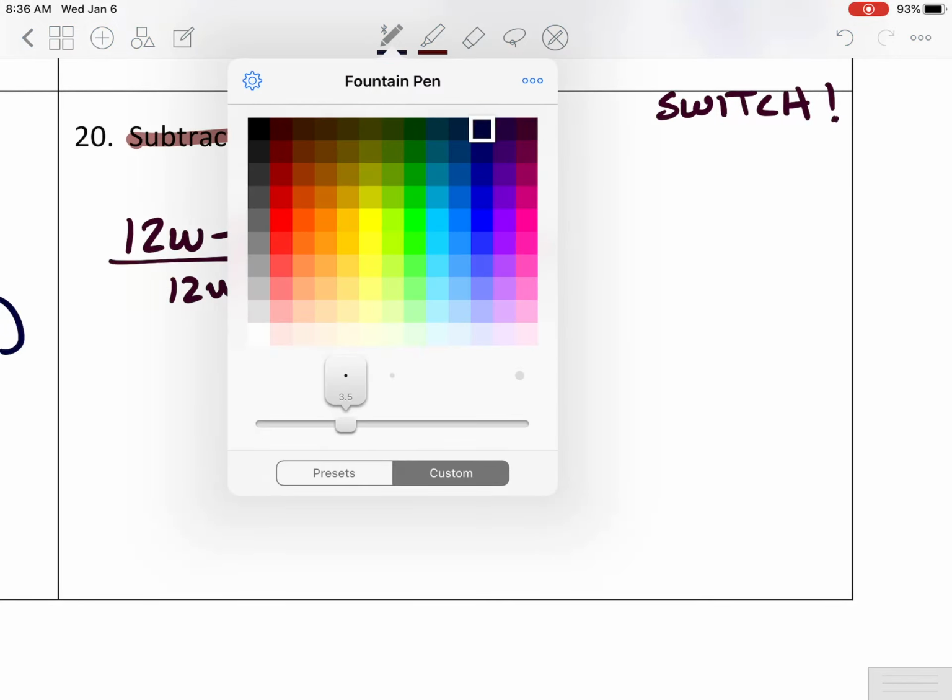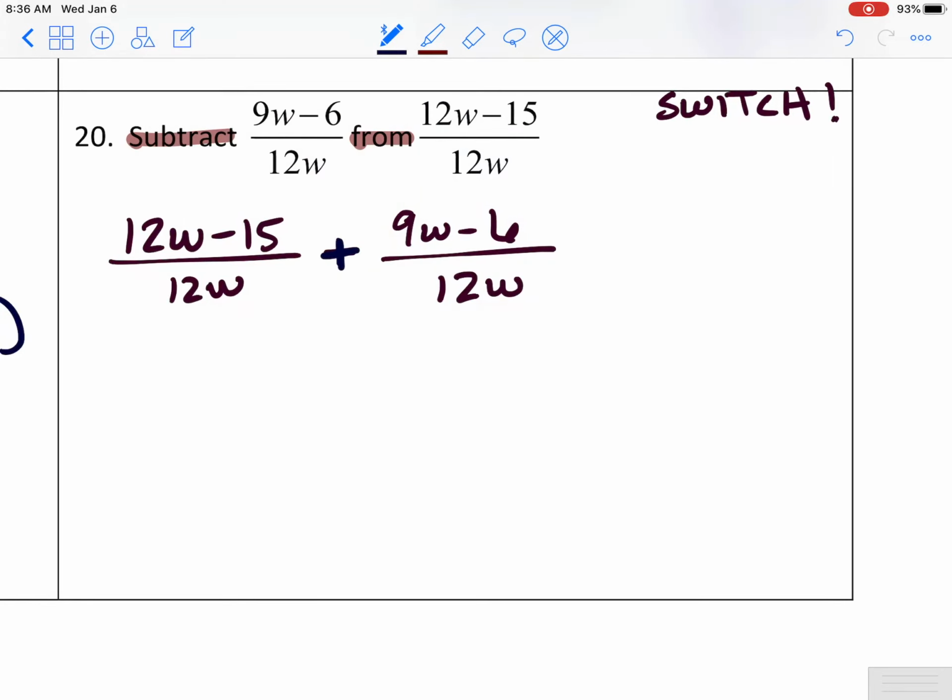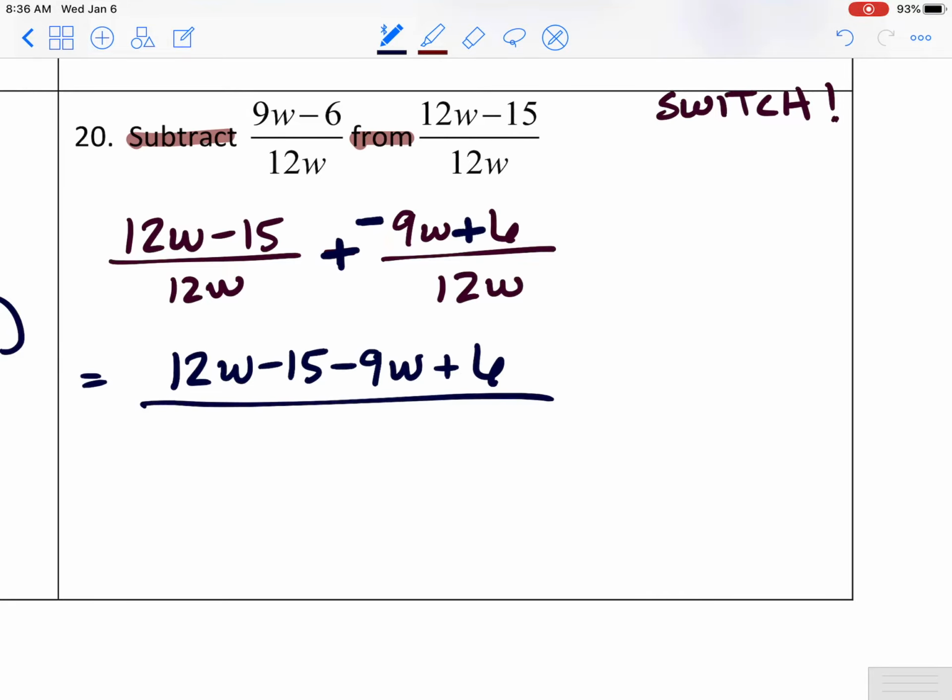Now, since it's a subtraction problem, I'm going to again go through and change it to addition and then change my signs. So really, I have 12w minus 15 minus 9w plus 6 on the top, all over my 12w.